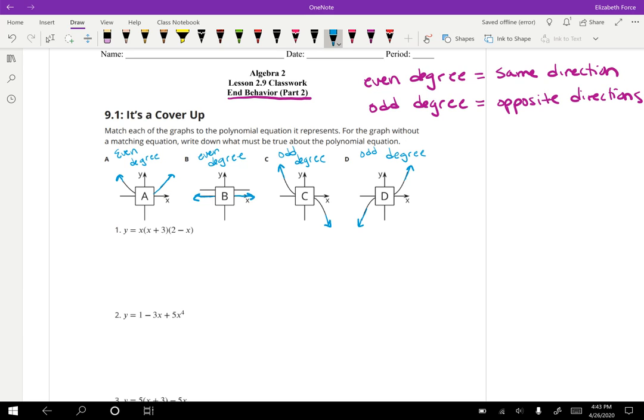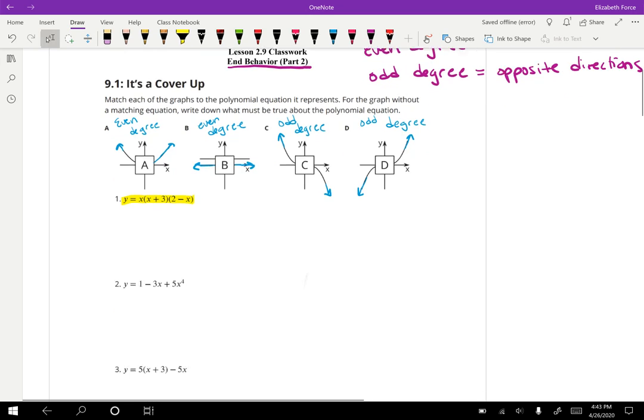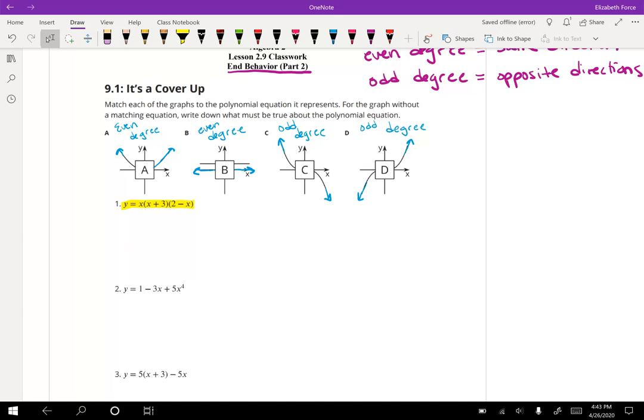So now that we know at least who's an even degree and who's an odd degree, let's go ahead and look at the equations. So on number 1, my equation is not in standard form. It's actually in factored form, so I don't quite know the degree of the polynomial yet, but from lesson 2.5 or 2.6 or 2.7, you know a quick way to get the degree is by multiplying all of the variables.